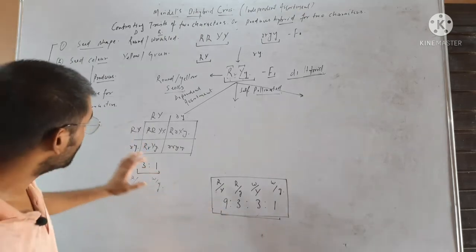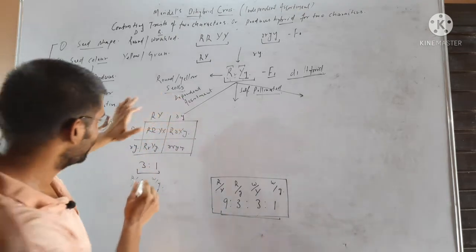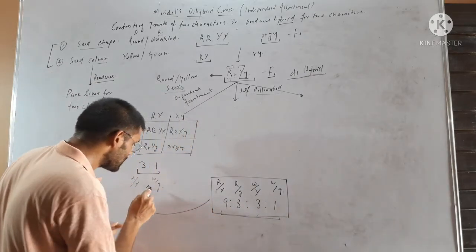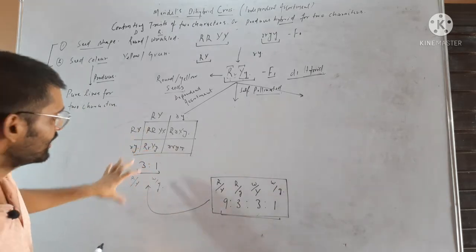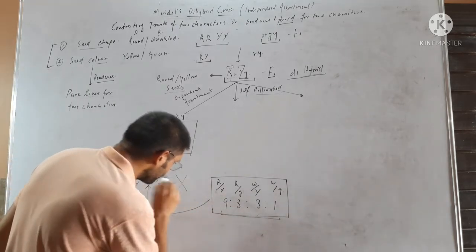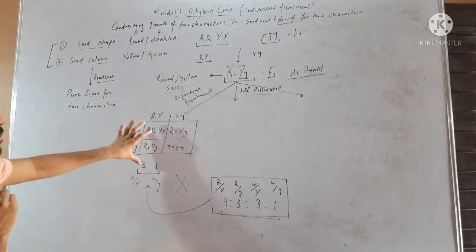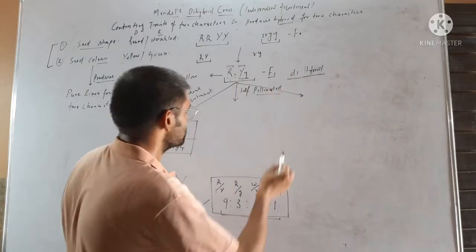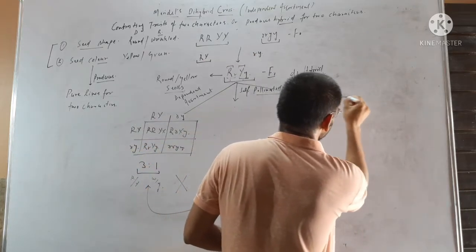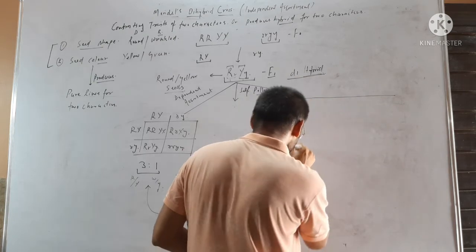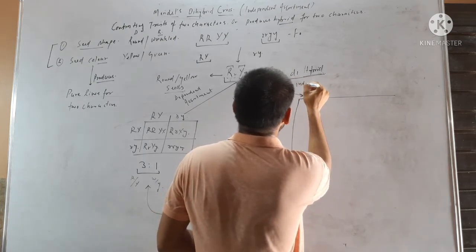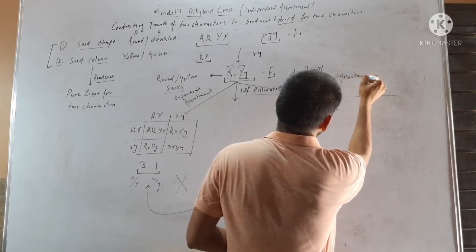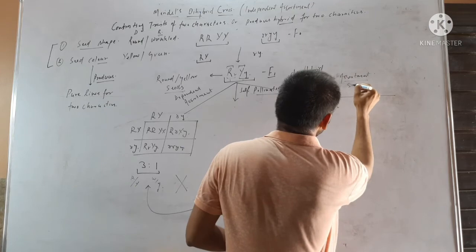But his results are not matching the result of this model, which is based on dependent assortment, so this model does not fit his results. Now he made another hypothesis, based on independent assortment, or segregation, you can also write.